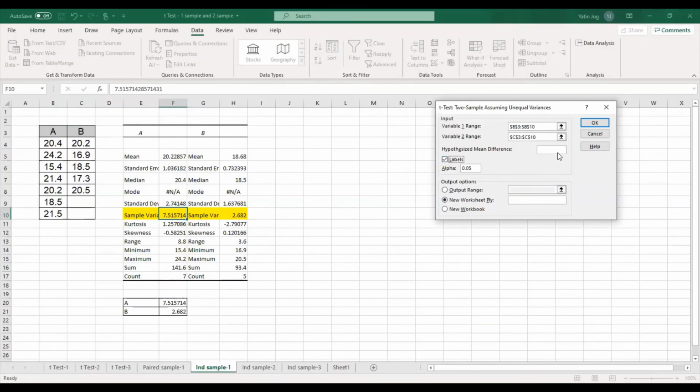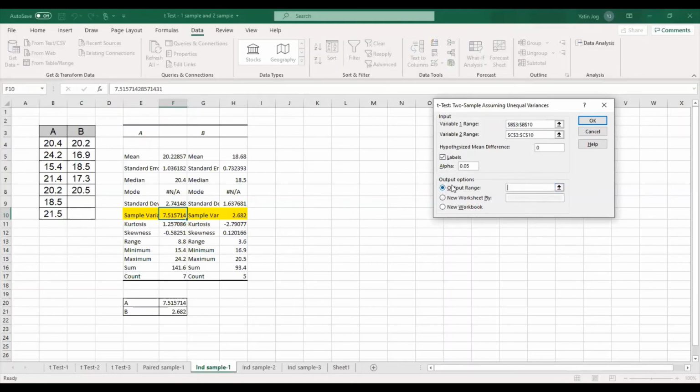What is the hypothesized mean difference? I am considering that there is no difference. What is my H0? There is no difference in delivery time by company A and company B. There is no difference in mean time. That means the hypothesized mean difference is 0. Alpha, I'll keep as 0.05, which is the default. Suppose I want to start my output from this location, and then I'll click on OK.